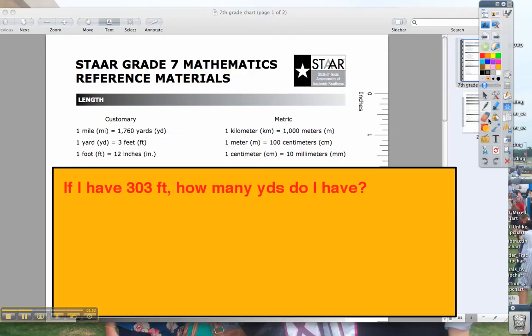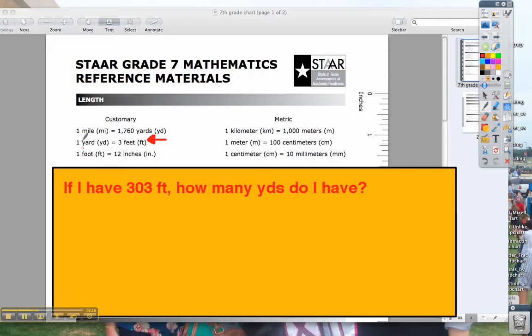We look at our STAR chart and we look for the ratio between the type of comparison between feet and yards, because that's what we're looking for. And I actually left it up here so this one was pretty obvious. But you can always find whatever you're looking for. The relationship between feet and yards here we see is for every 1 yard we have 3 feet.